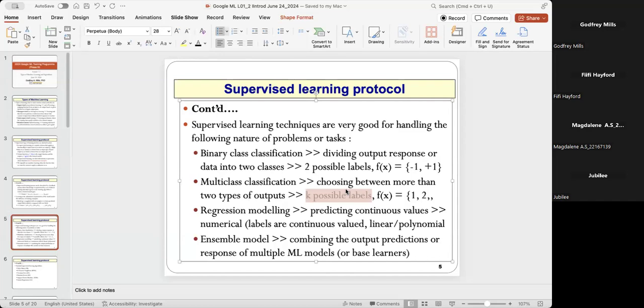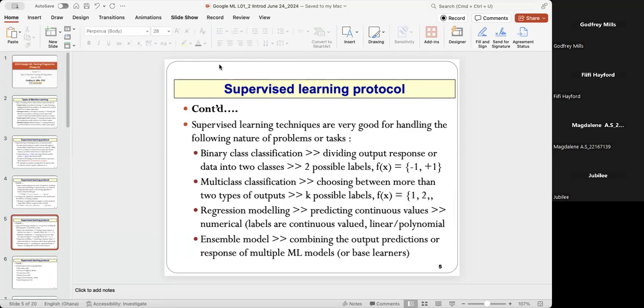Now, the caveat is, if we are using supervised learning algorithm 1, algorithm 2, and algorithm 3, and each is giving us very good performance, then there is no need to combine them, because you can choose just one of them. But if one is good and one is not too good, then we can combine them to form what we call ensemble learning.